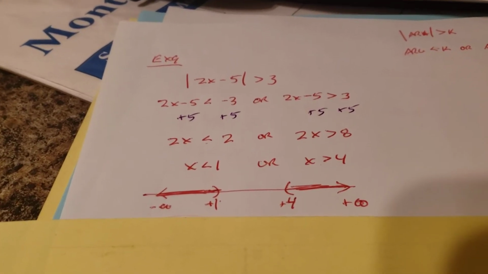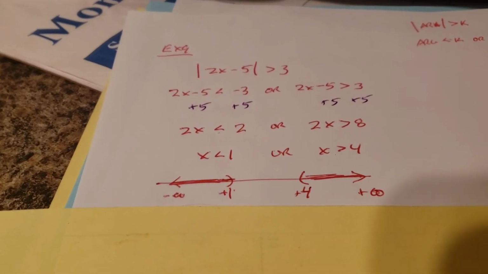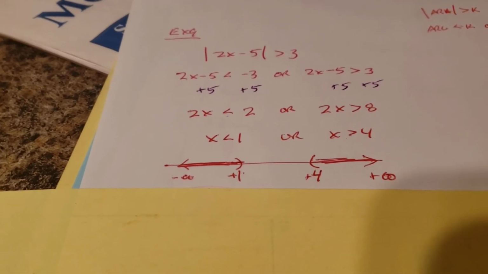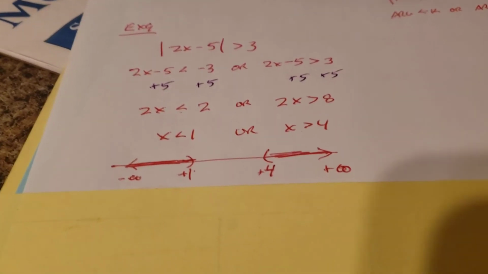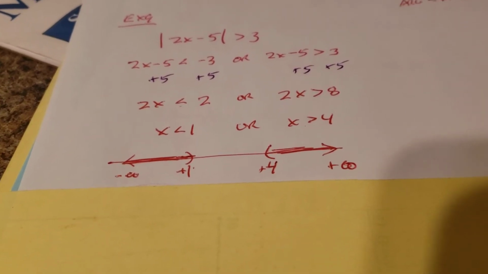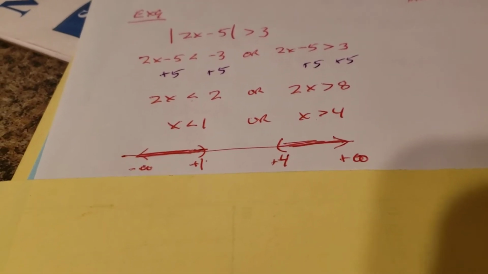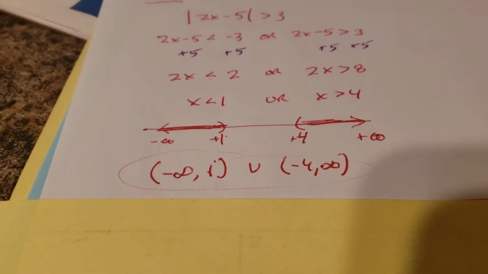It means all the numbers that are less than 1. So 0, negative 1, negative 2, negative 3. And that pattern goes to negative infinity. And then X is greater than 4 means 4, 5, 6, etc. Putting all that together into an interval, this would be the interval we have.